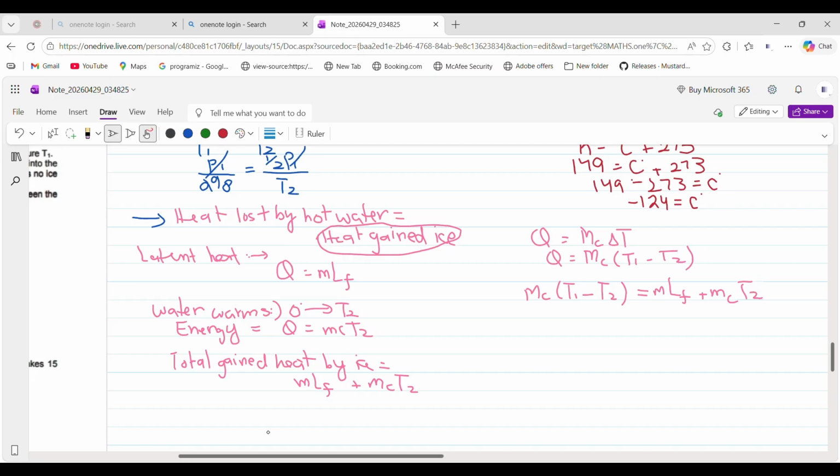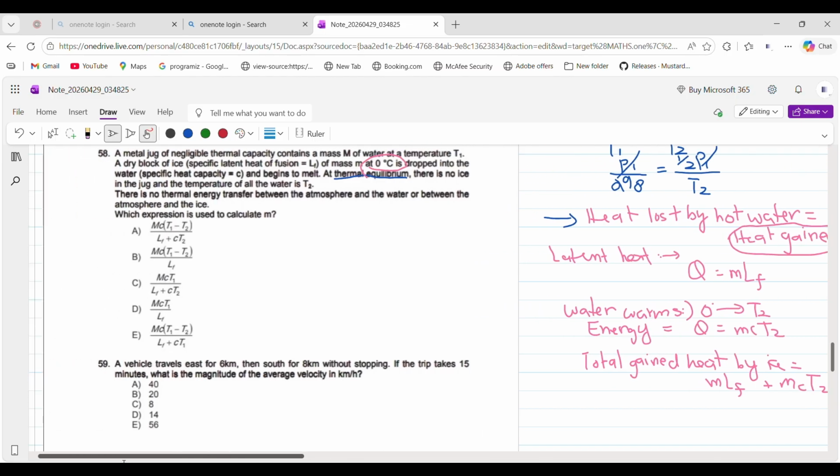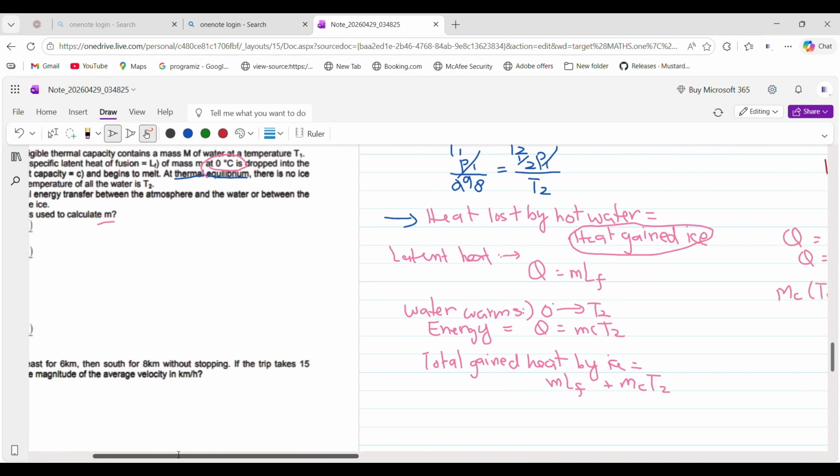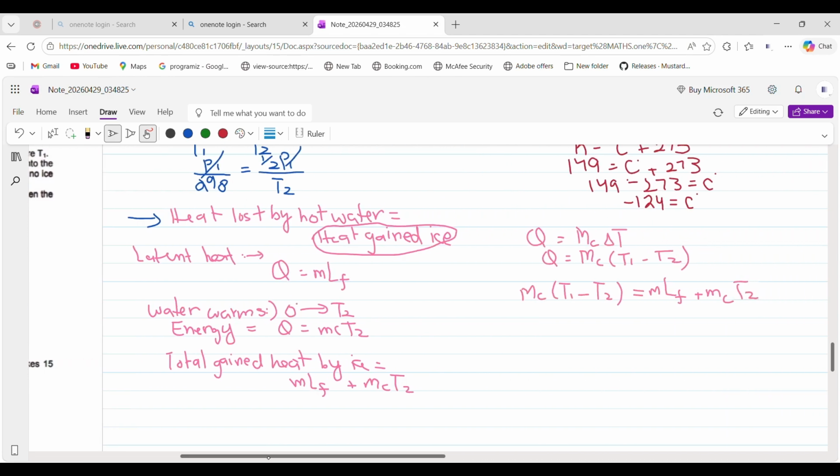So for deriving the formula for calculating this small m, let's do it. m c (T1 minus T2) is equal to, if I take m common from here, in the initial factor Lf is left, plus in the second factor c T2 is left.